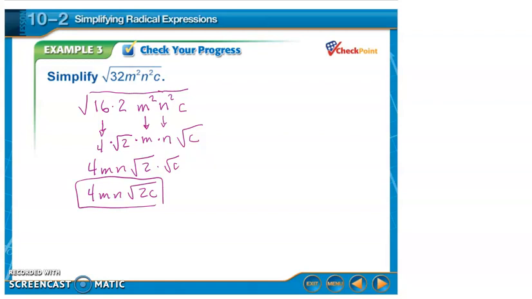The ones that I'm most concerned about with you not getting are the ones where you have like b to the 3rd, c to the 5th. Let's just say 16. So here's one more example. The square root of 16 is just 4. The square root of b to the 3rd is b squared times b to the 1 power.